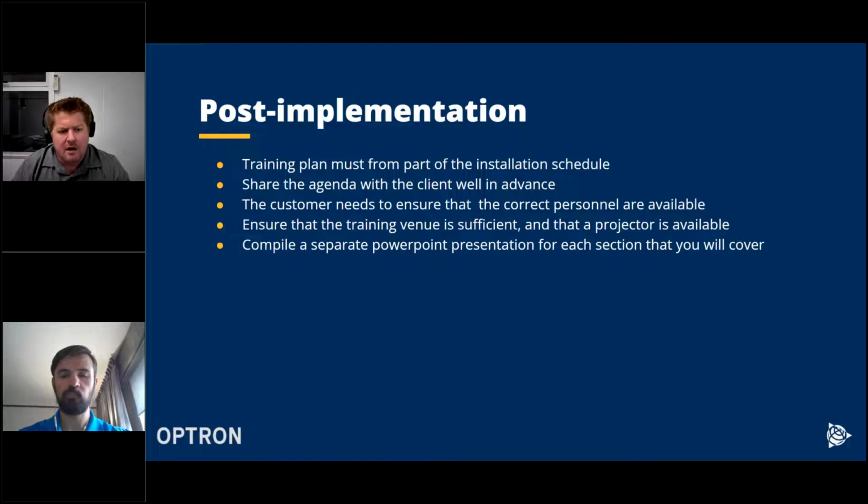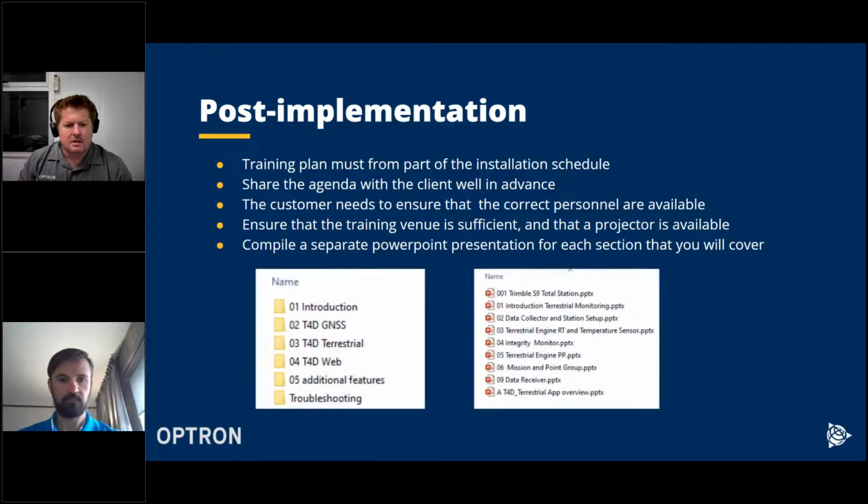And then something that works for me is to compile a separate PowerPoint presentation for each section that you want to cover. For instance, this is just my folder structure: I'll have a folder with presentations for the introduction to T4D, and then I'll have another folder for GNSS.